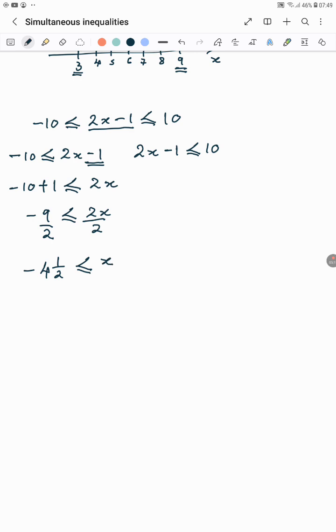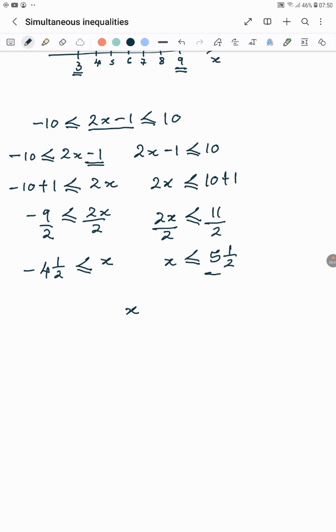On the right hand side inequality, you're going to have 2x less than or equal to 10 plus 1. Here that's 2x less than or equal to 11. Divide both sides by 2, and you're going to have x less than or equal to 5.5, and you combine your solution.